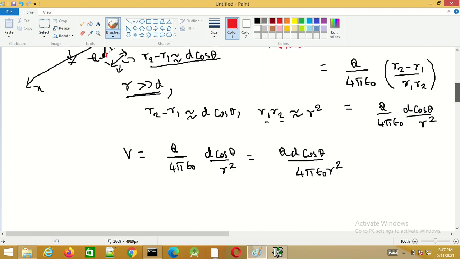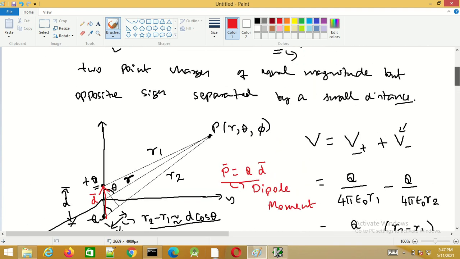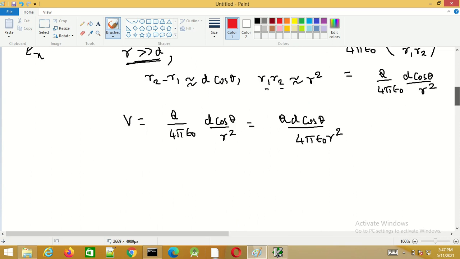So the above expression can be written in terms of dipole moment. Because the vector P is given by QD, we can see that P dot AR can be written as QD cos theta.